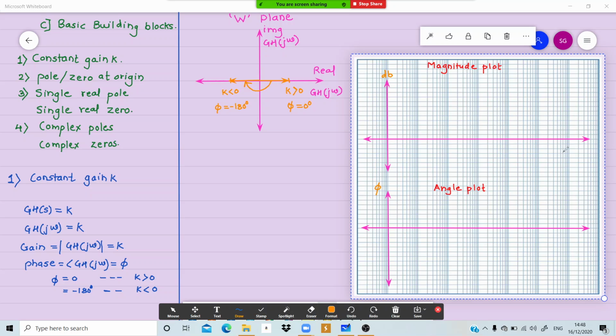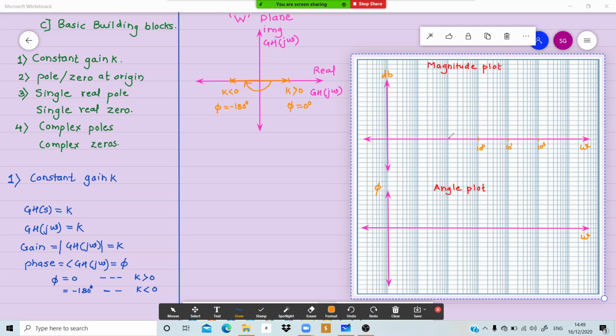For this line, yes, you can see log is already there. This is showing you the frequency, and already you are going to get log of omega over here. So if I am marking omega equal to 0, let us say over here, omega 10 raised to 0, then it will be 1, 2, 3, 4, 5, 6, 10, that means 10 raised to 1, then 10, 20, 30, 40, 100, 10 raised to 2, and it will continue.